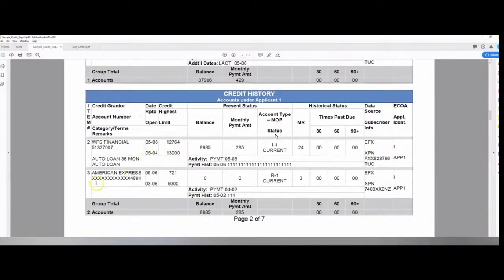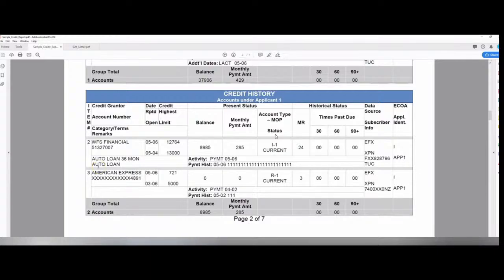They have credit cards. Another tidbit is on auto loans. You want to make sure if it's an auto loan or a lease, because that will determine your debts. If it's an auto loan and it's 10 payments or less, you could exclude the car payment from your ratios. And if you don't know what I'm talking about, we're going to go into that shortly. And if it's a lease, you cannot exclude it, and you have to include it in your ratios.